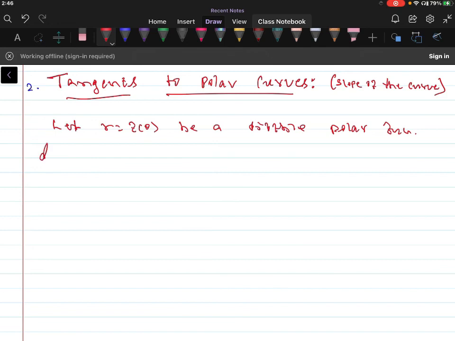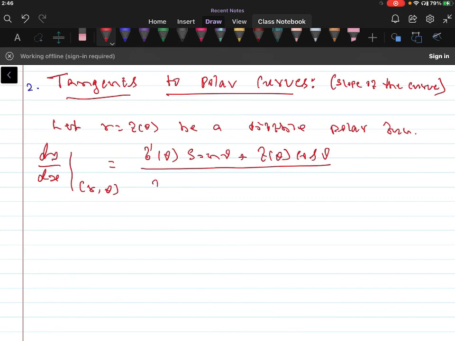Then dy by dx, the slope of the curve at the point (r, theta), in terms of parametric equations, is equal to f dash of theta into sin theta plus f of theta into cos theta, divided by f dash of theta into cos theta minus f of theta into sin theta.